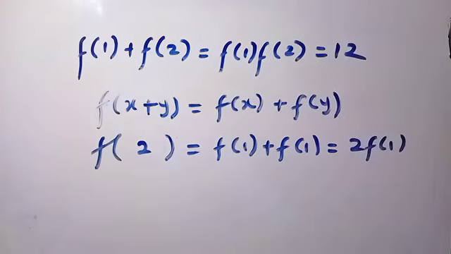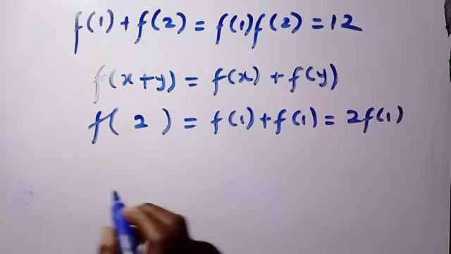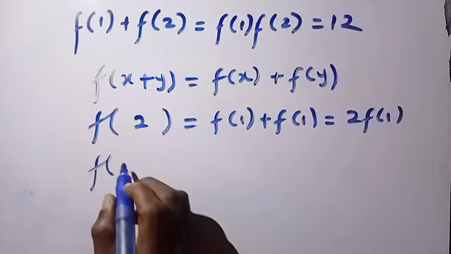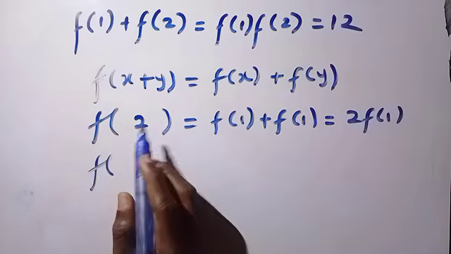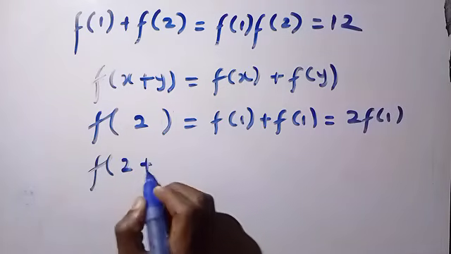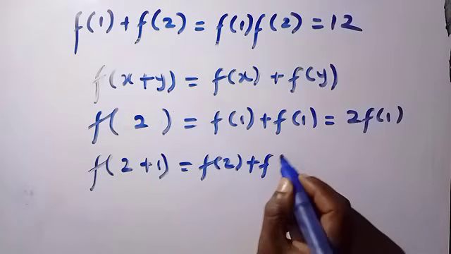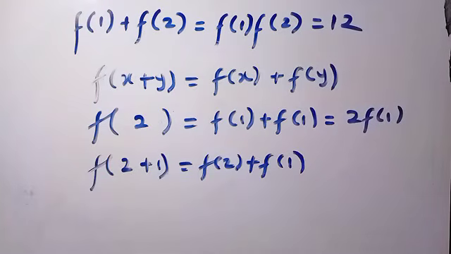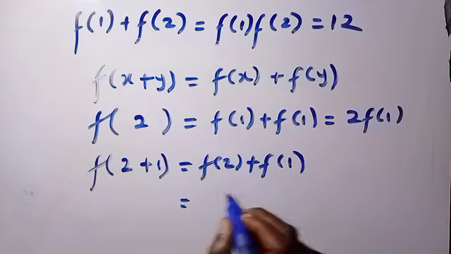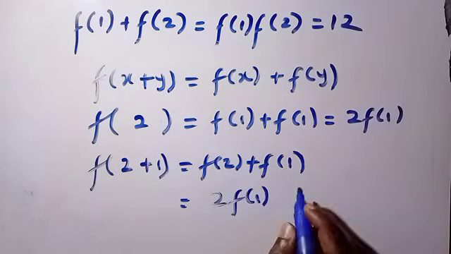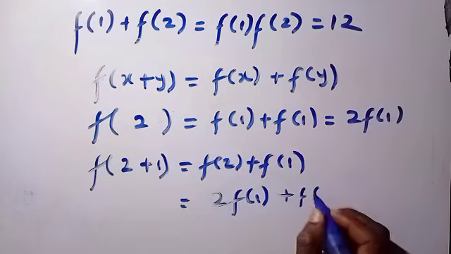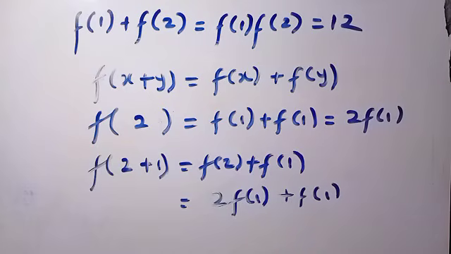But we cannot conclude. Let's say for 3, if I have any of these to be 2 and 1, let's say x equals 2, y equals 1. We're going to have f of 2 plus 1. So this gives us f of 2 plus f of 1. But f of 2 has been gotten, which is 2 f of 1, then plus f of 1.